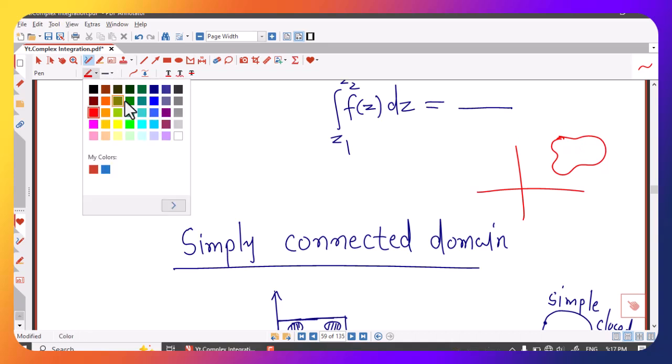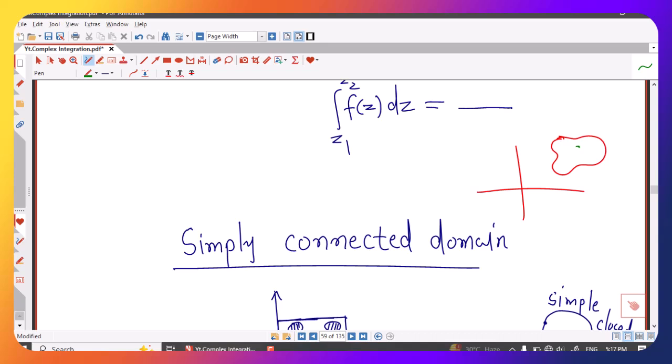Here if I take any simple closed contour inside this, then the interior of this simple closed contour contains only points of this. Similarly, if we consider the whole complex plane, then that is always a simply connected domain, because if we take any simple closed contour in the complex plane, then it encloses only points of D.